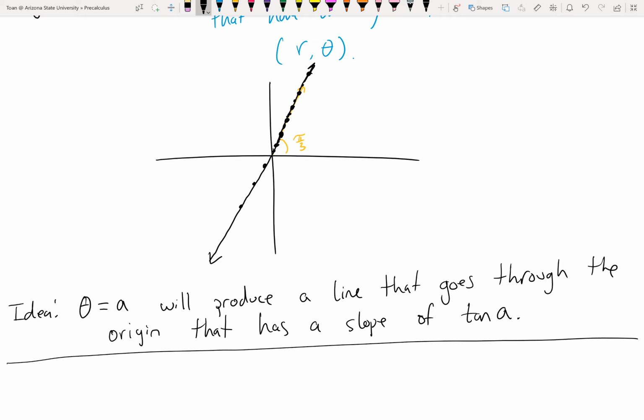So again, if I give you a polar equation that said r equals some number, theta equals some number, I don't expect you to run out to grab a calculator and figure it out. You should know off the top of your head that r equals a number is a circle, because it literally says all points that have a set radius, and theta equals a number is a straight line, because it says literally all points on this particular angle.